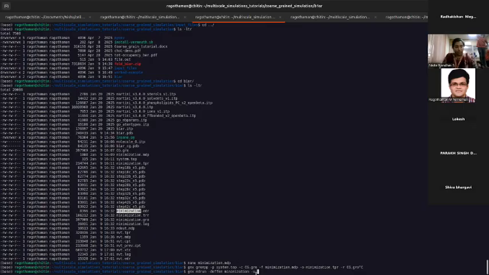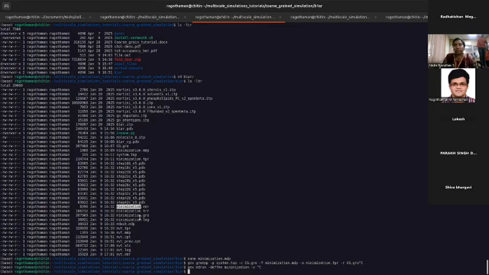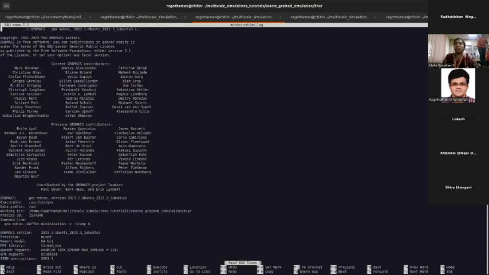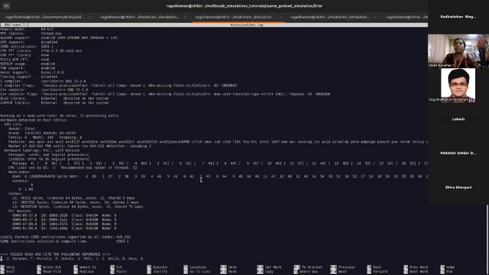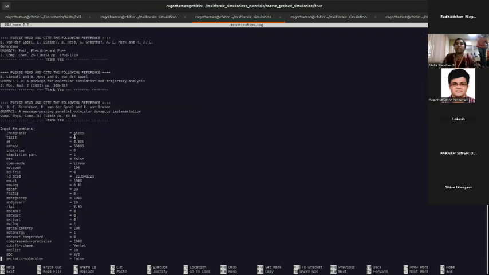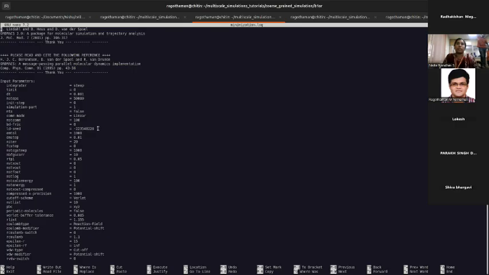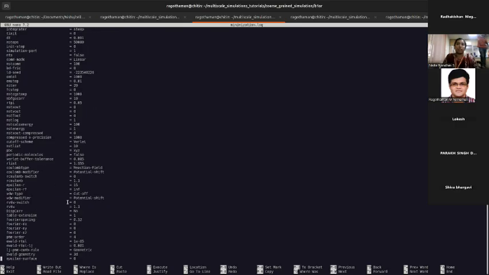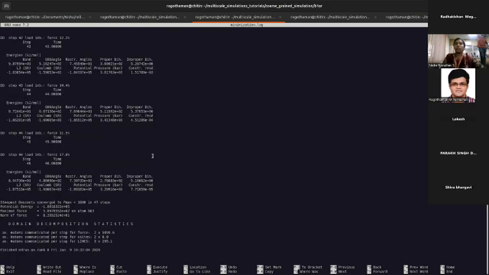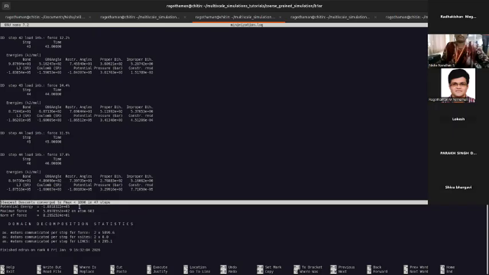So when you run this command, you can get all these files. So let me open the log file for you. When you open the log file, we can see a lot of calculation that it has performed and all the input information that you have given, like how many steps you gave and all the algorithms that you have selected. And when you come towards the end, this line is of much interest to us from an energy minimization file, where you can see that Fmax less than 1000.